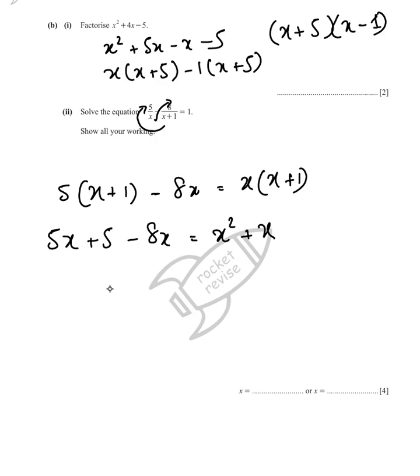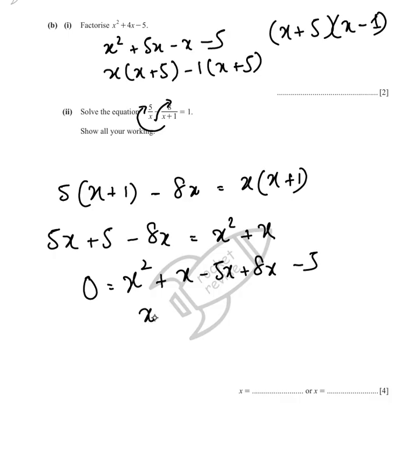Now what do we do? 0 equals, make sure that the x squared is always positive. x squared plus 15x. What do we get? x squared plus x minus 5x plus 8x minus 5.